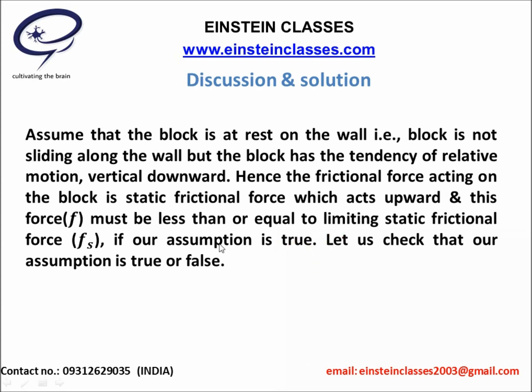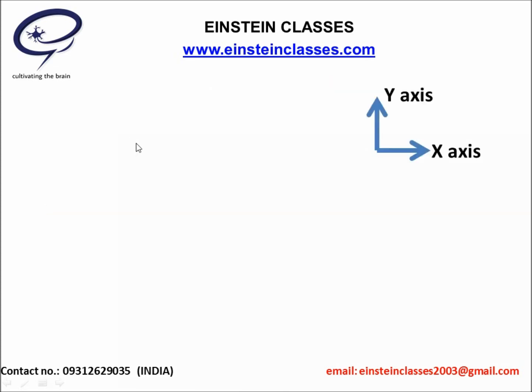Now, first of all, check whether our assumption is true or not. We have to draw the free body diagram of this block, right? There are different forces acted by the surroundings on this block. One is the applied force of 12 Newton, due to which the block is pressed against the wall, right?